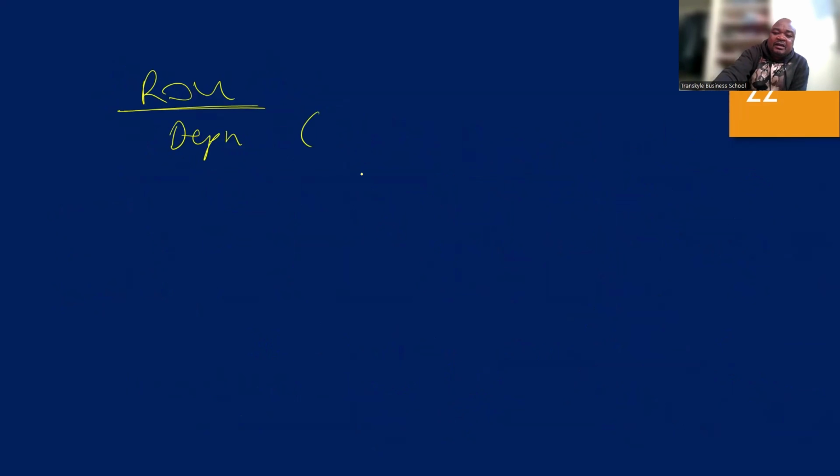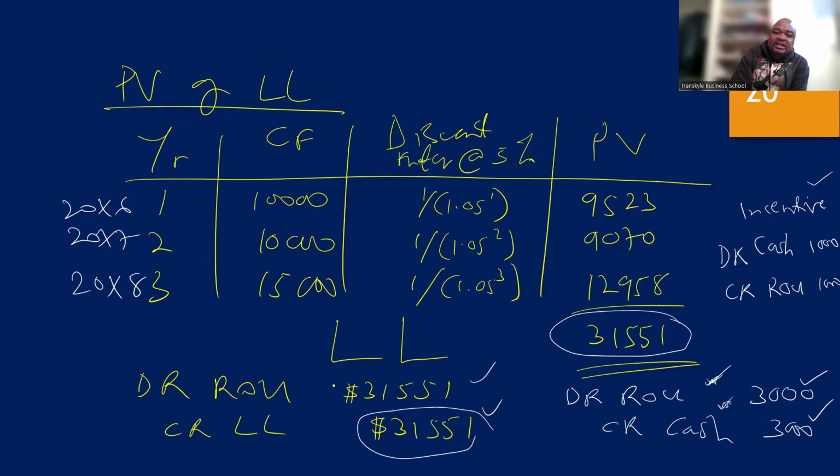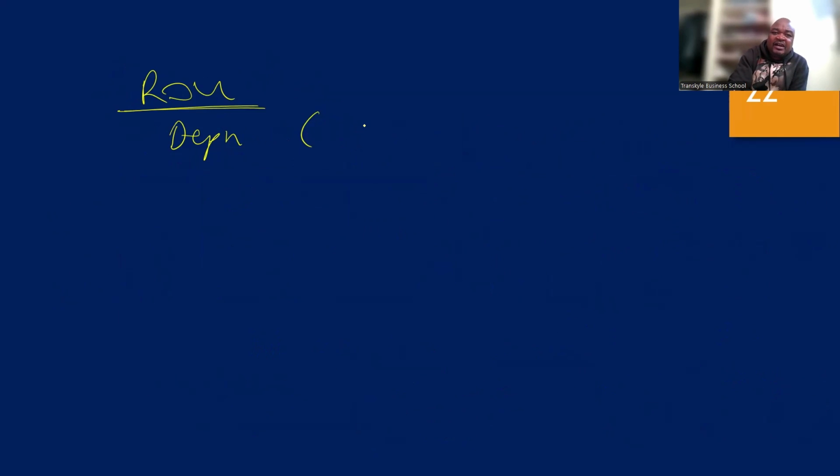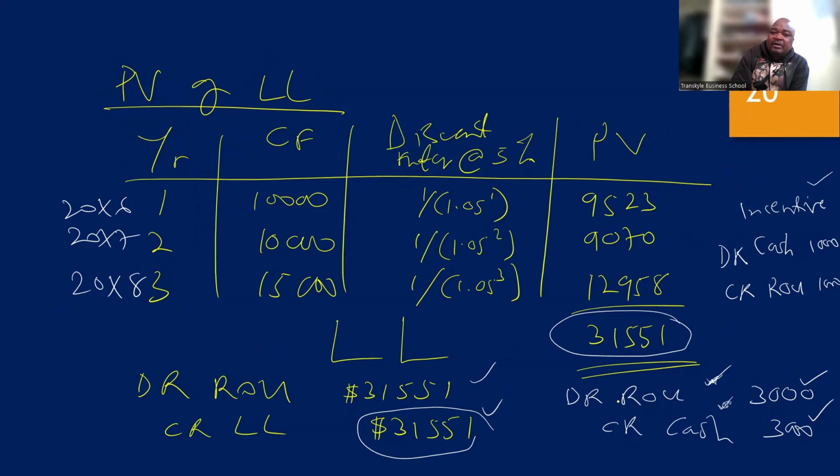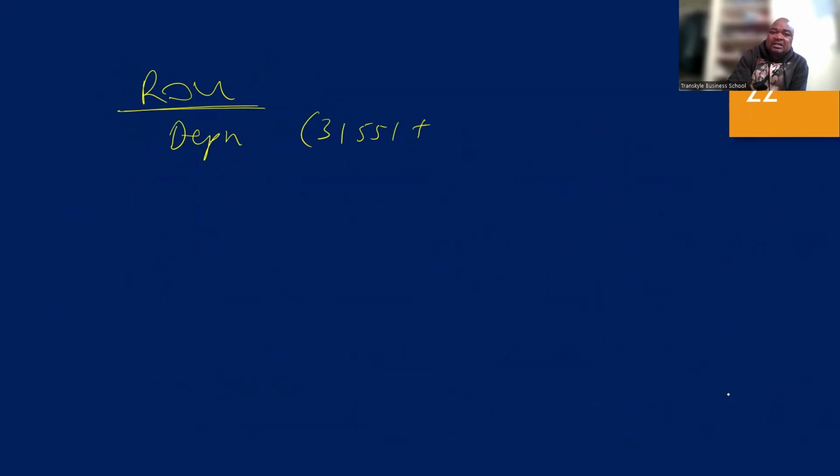We are having the first amount we recognized was 31,551, plus, remember the direct cost, where we ended up debiting the ROU again, that is increasing the ROU by 3,000. This direct cost is part of the ROU. Then the incentive of 1,000 is the deduction, okay? The total divided by 3 years.